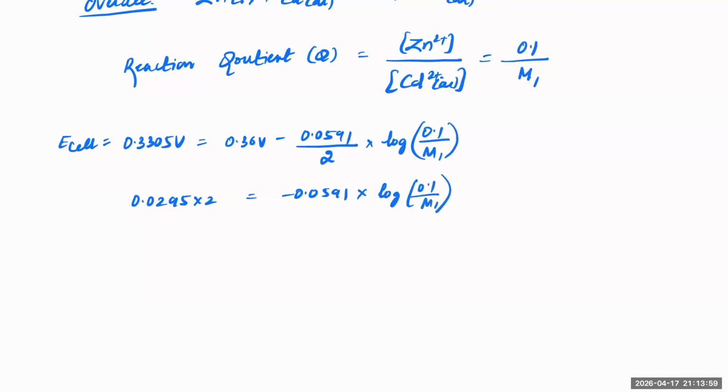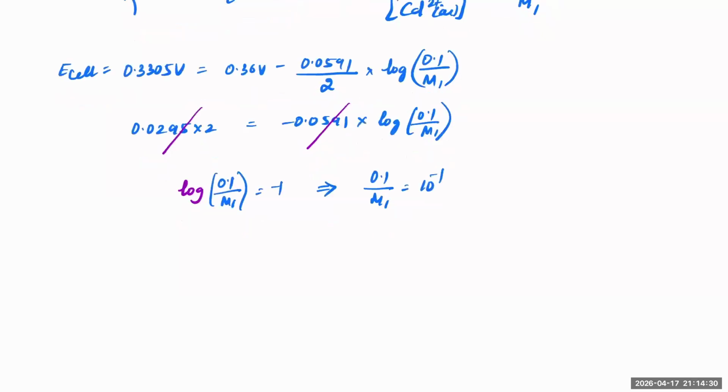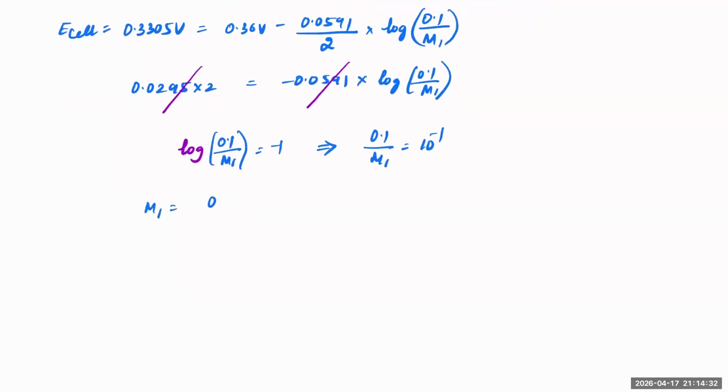Now you will find that this value is exactly the same as 0.0295. So we can cancel these two parts, and then log of 0.1 by m1 is equal to minus 1. If you remove the log on both sides, it becomes 0.1 by m1 is equal to 10 raised to the power of minus 1.